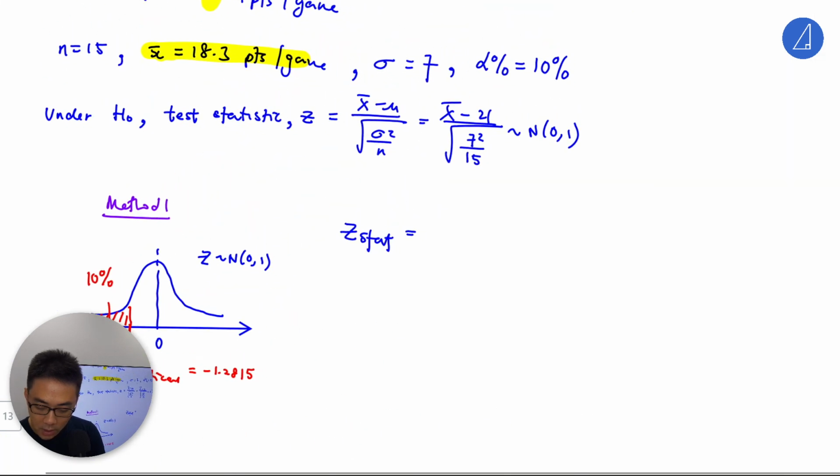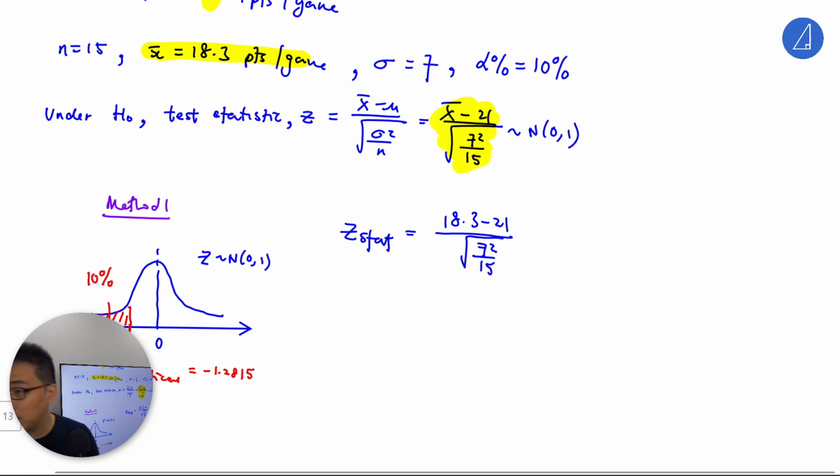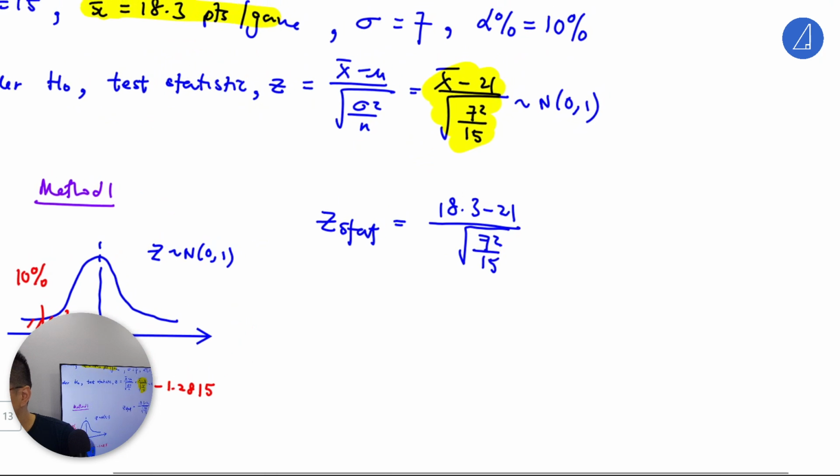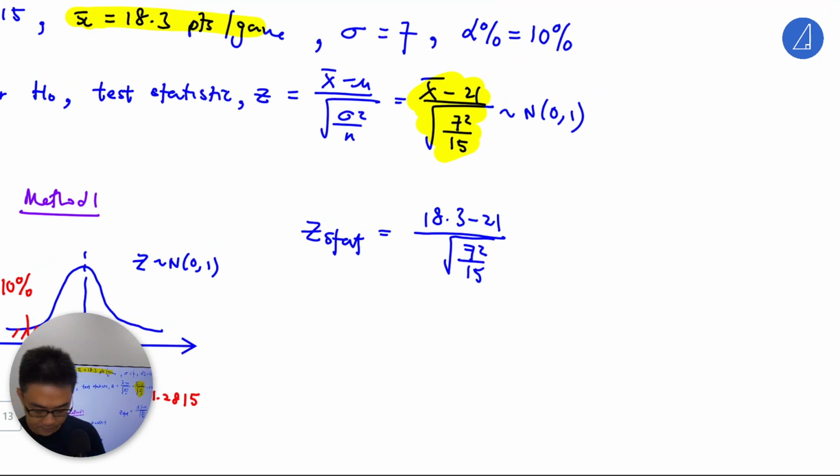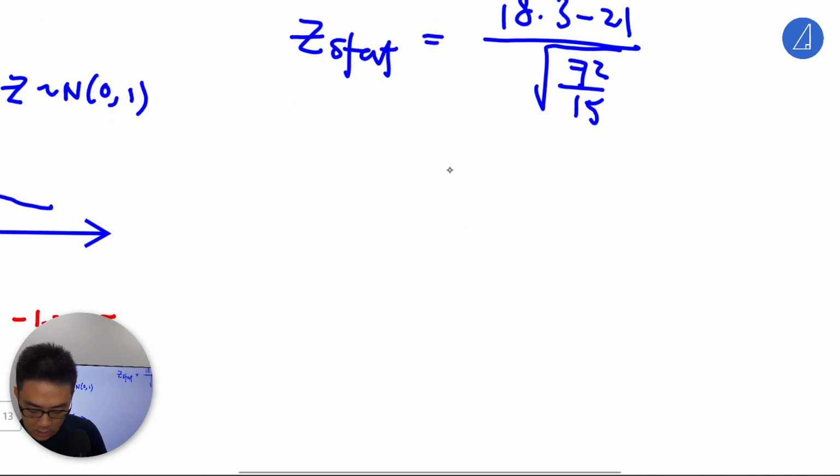So you use 18.3 minus 21 over square root of 7 squared over 15. You just use this formula here for the standardized curve, then key it into the calculator.